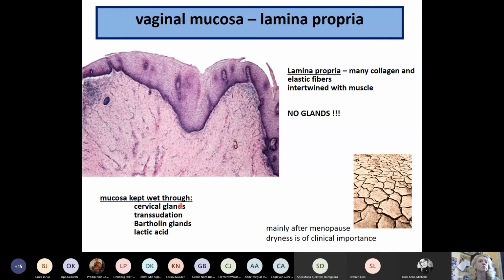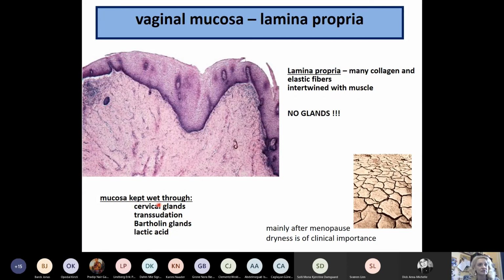The most important one is the cervical glands. Cervical glands produce mucus, and this flows down to the vagina. We have other things too, for example, the Bartholin glands, lactic acid from the glycogen that I already mentioned, and transudation.